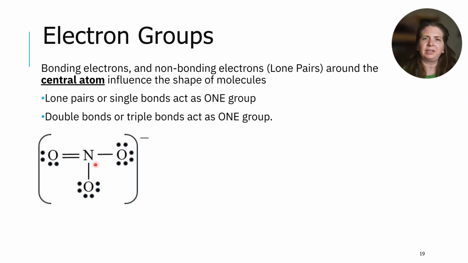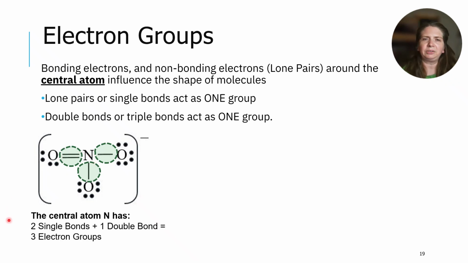For example, a double bond is one electron group containing 4 electrons, and a triple bond is one electron group containing 6 electrons. Here's the Lewis dot structure for nitrate. Around the central nitrogen atom, there is one double bond and 2 single bonds, giving a total of 3 electron groups.